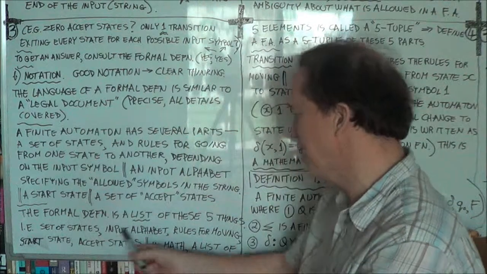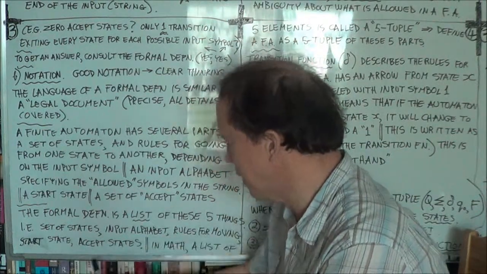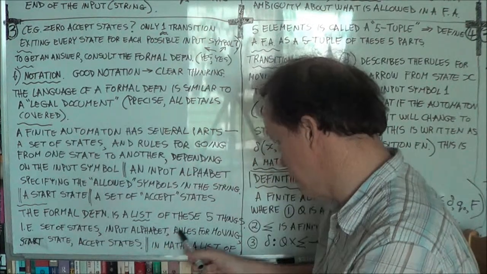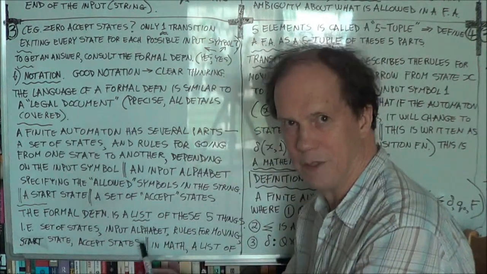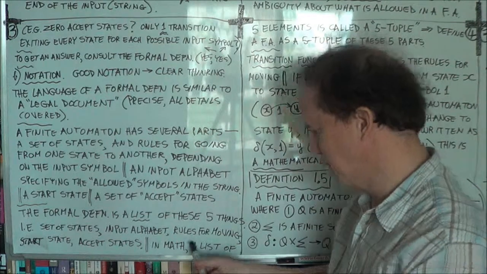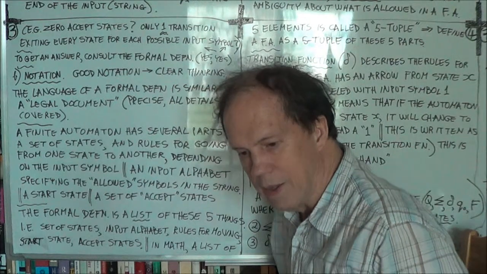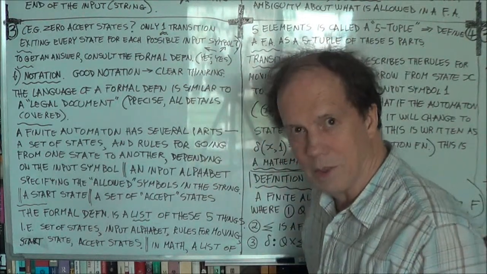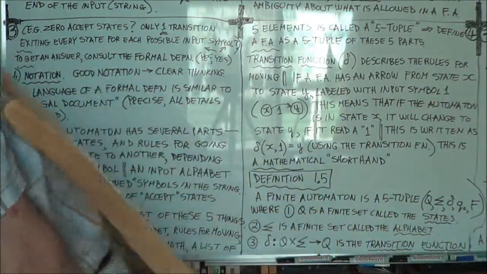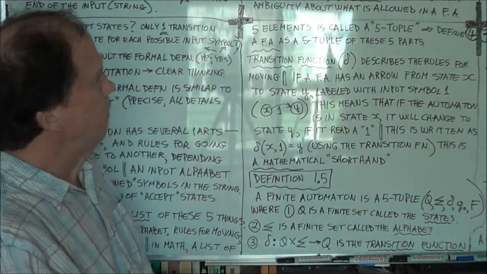Set of states, an input alphabet, the state transition table, the start state, and the list of accept states. So 1, 2, 3, 4, 5 things. We have a list of 5 things. Now, you probably remember from a previous chapter, a list of 5 things tends to get labelled a 5-tuple, T-U-P-L-E.